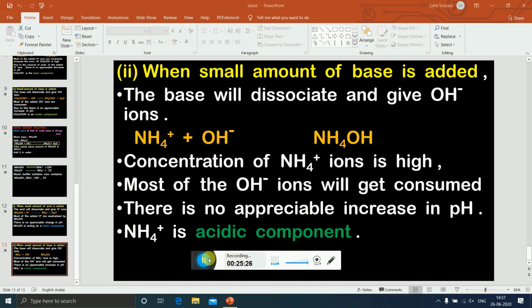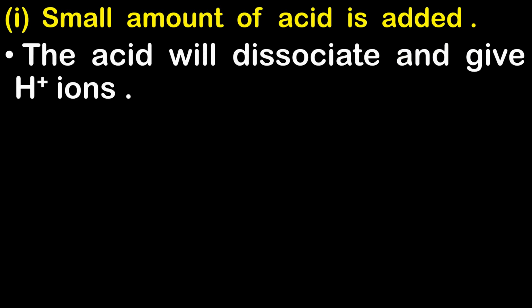Now guys, let's say that we add a small amount of acid to our acidic buffer solution. When you add a small amount of acid, what is going to happen? The acid will dissociate and give H plus ions. As we all know, acid gives us H plus ions, and due to this the amount of H plus ions in our buffer solution will now increase.